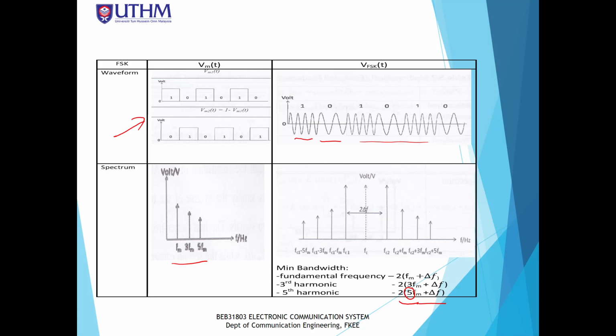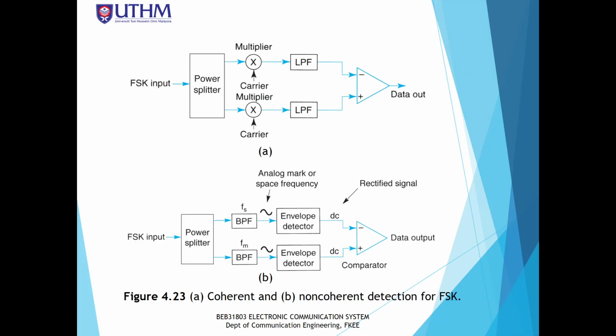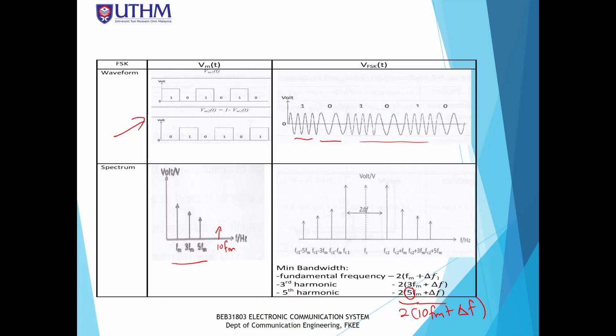If we have up to 10 harmonics, for example up to 10 fm, we need to use 2 times 10 fm plus delta f. So this is how we calculate the bandwidth, based on Carson's rule.